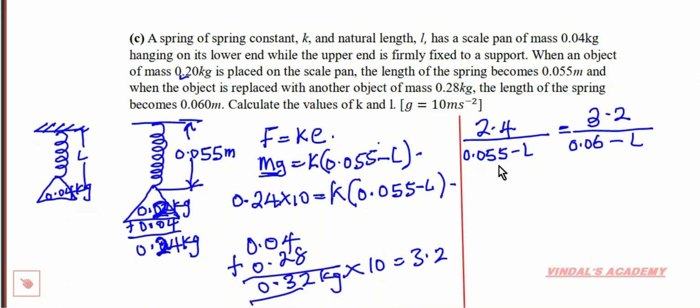So I'm going to have 2.4 multiplied by 0.06, 2.4 times 0.06. I'm going to have 0.144 minus 2.4 L, and this is going to be equal to, let me finish the rest of the work here.